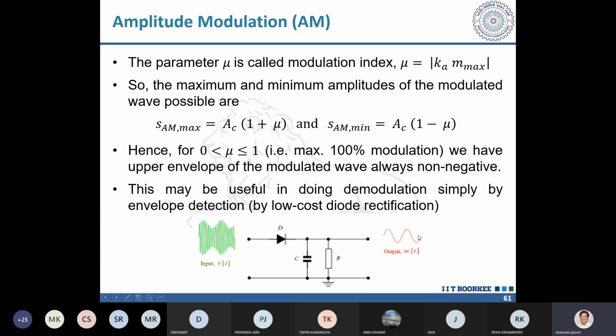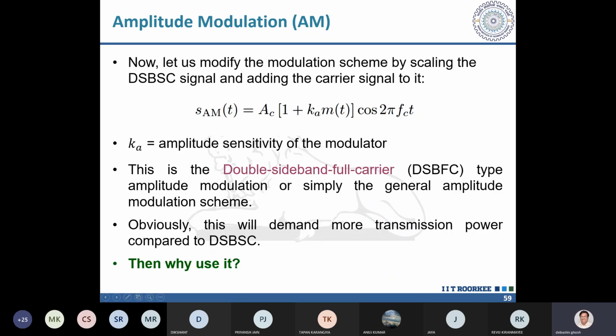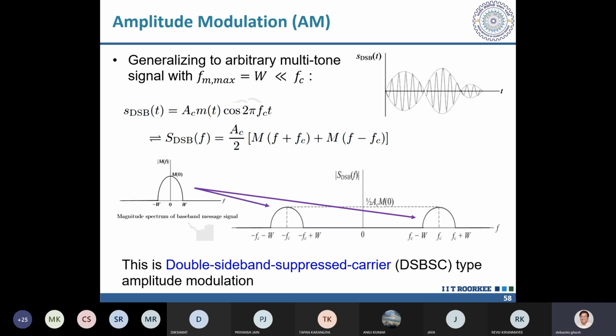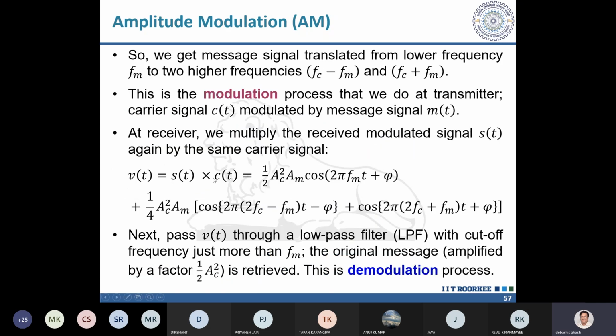Okay. So that is why this amplitude modulation, as I have said, although it is using more power, is still used because the demodulation process here is less costly and simple. In the earlier demodulation process, what I had to do was multiply with c(t).